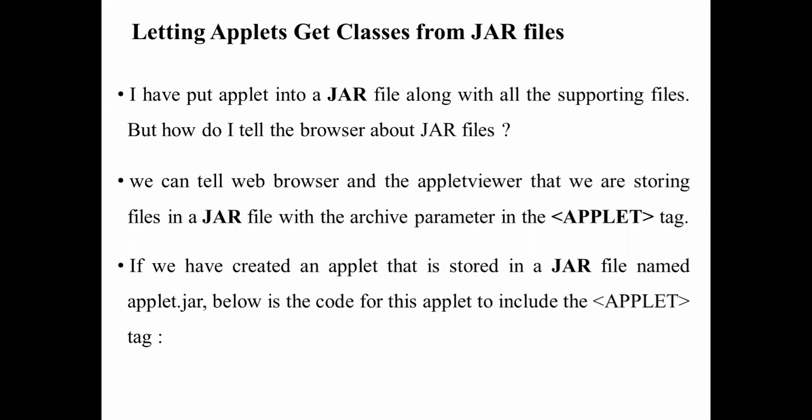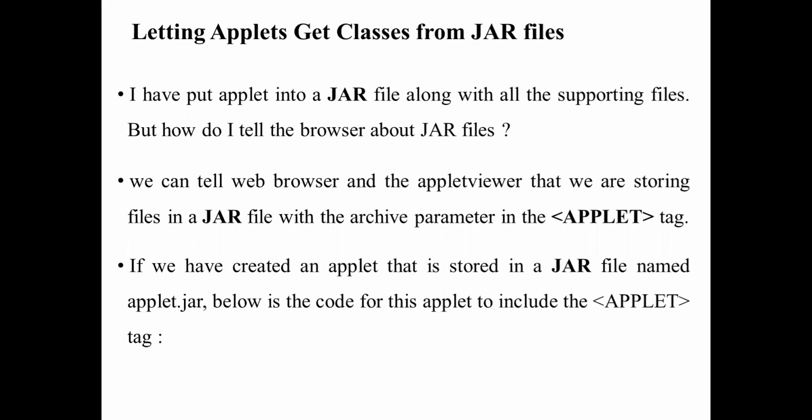Suppose a jar file contains applet files and also the Java class files, but the browser does not know about the jar file containing the applet. In that case, I have to tell the web browser, using the applet viewer, by specifying the jar file with the archive parameter in the applet tag.